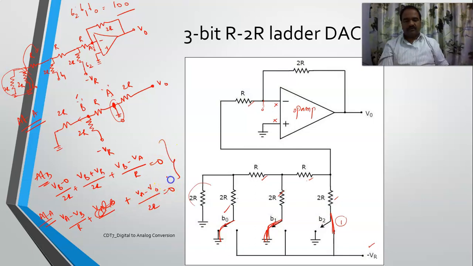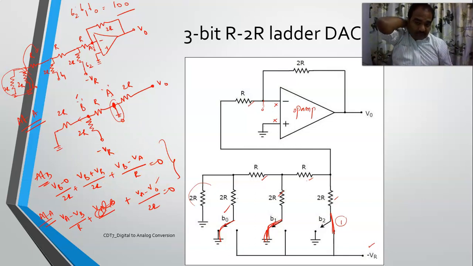So from these equations, if you know the value of R, you can determine VA and also VB, and you can obtain the value of V0 also. You can eliminate VA and VB and get your value of V0 in terms of VR. So this is a simplified mechanism of how to determine V0 in terms of VR.